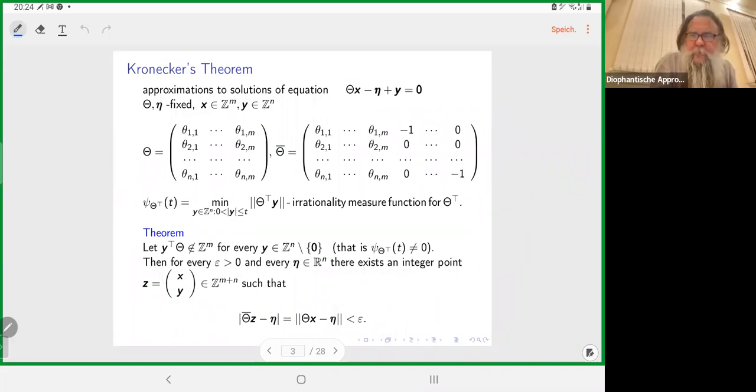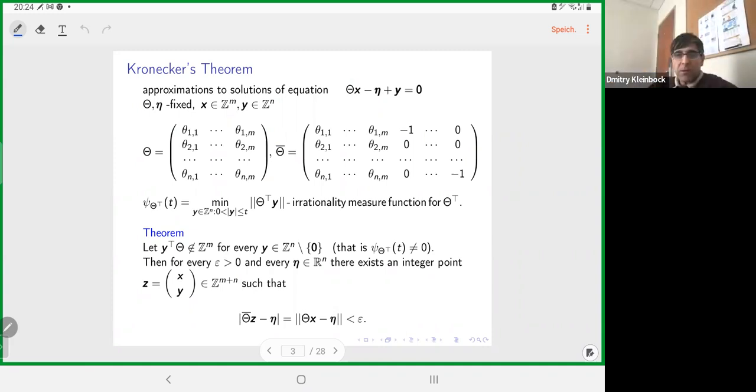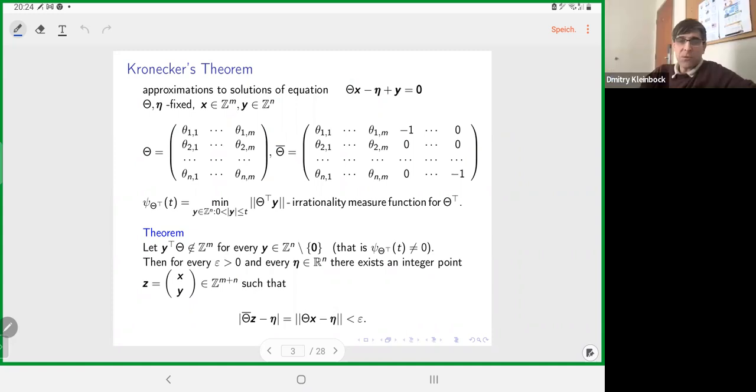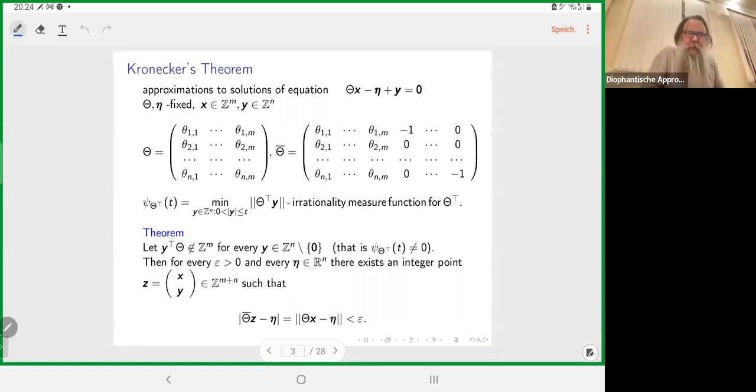Can you see my second slide? Now it's slide number 3, I think. Is everything okay? Oh, the first one was the title. Yes, okay, slide 3, with Kronecker's theorem.